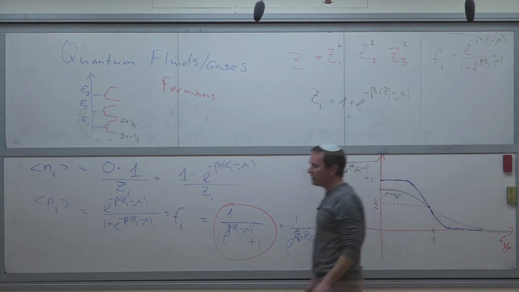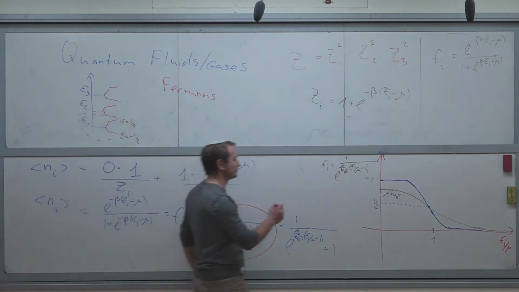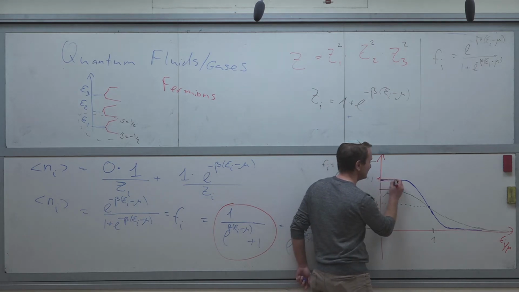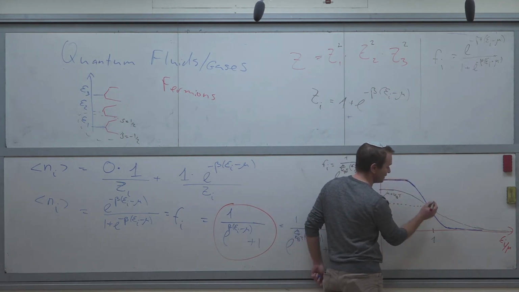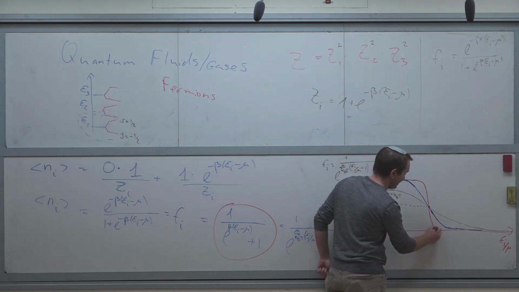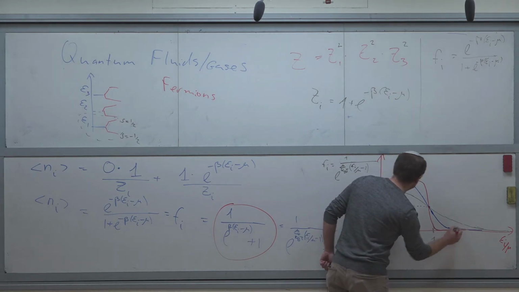When we increase our chemical potential even further, we start from 1 or almost 1. It has to cross this line over here, and it has to decay very fast towards 0.